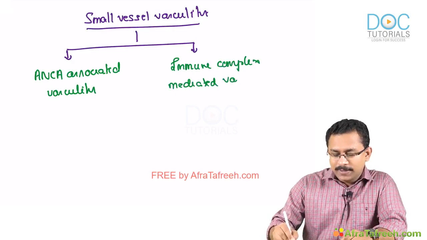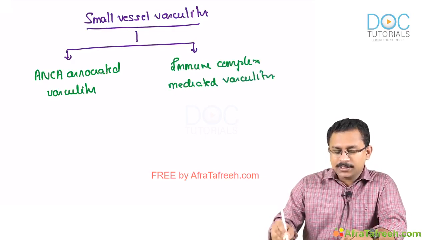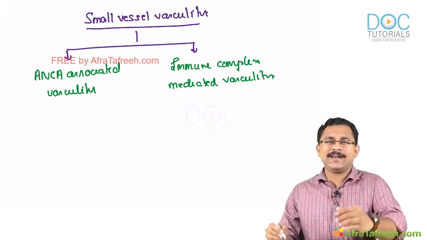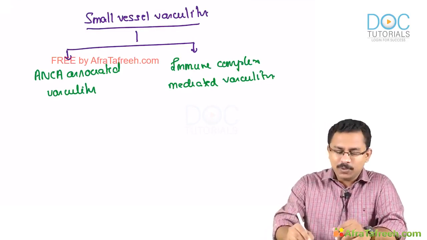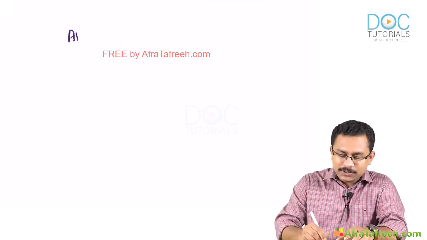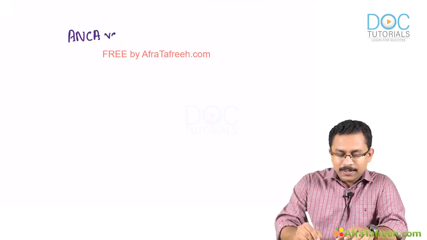So that is how you will divide the small vessel vasculitis. And first we will discuss the ANCA associated vasculitis and then move on to the immune complex vasculitis. Okay. So first heading, ANCA associated vasculitis.